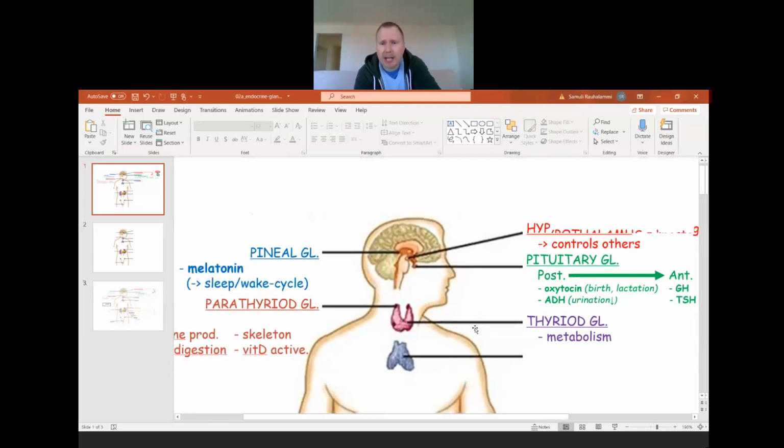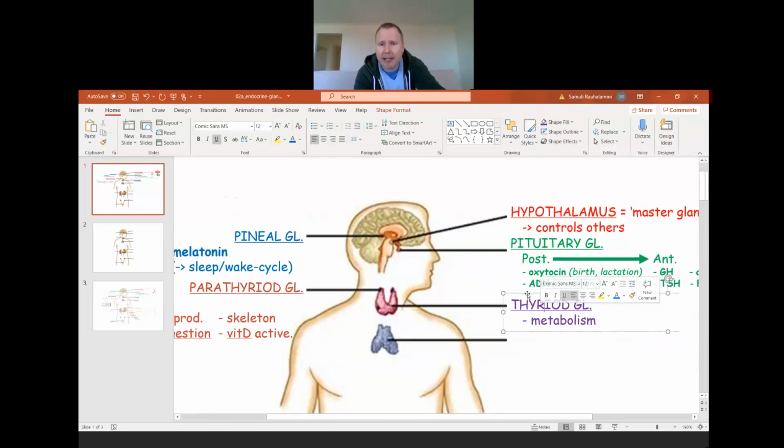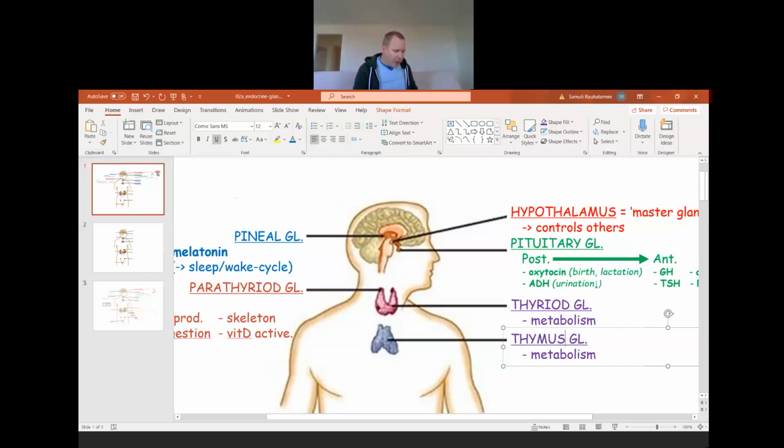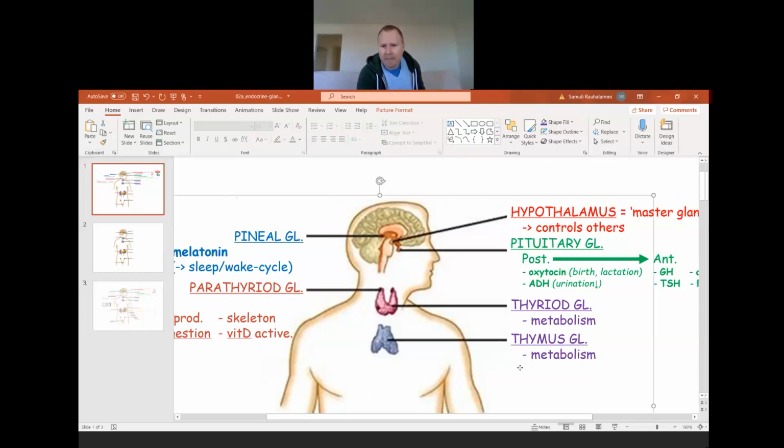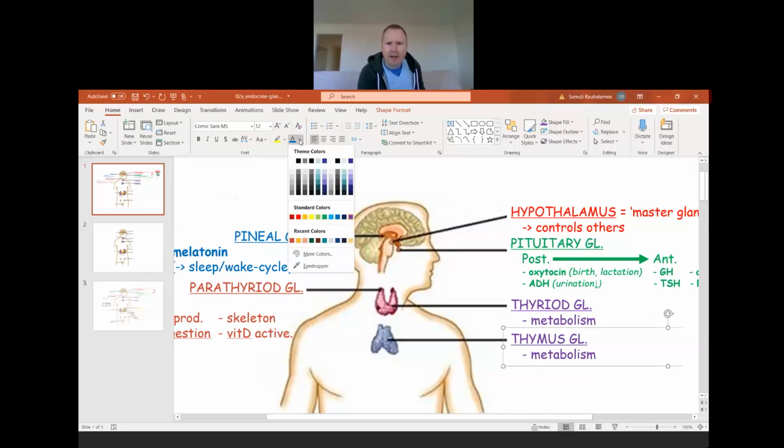The next gland that I want to mention is actually underneath the thyroid gland, and this is a weird gland. We don't really see it as a very prominent gland in adults. It's larger in children and then shrinks over the years. And this is our thymus.